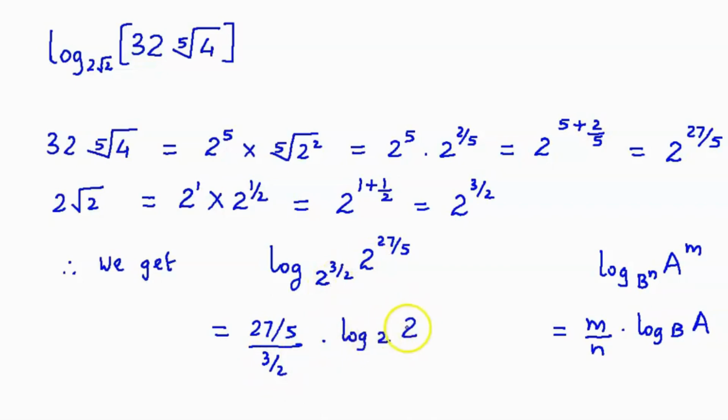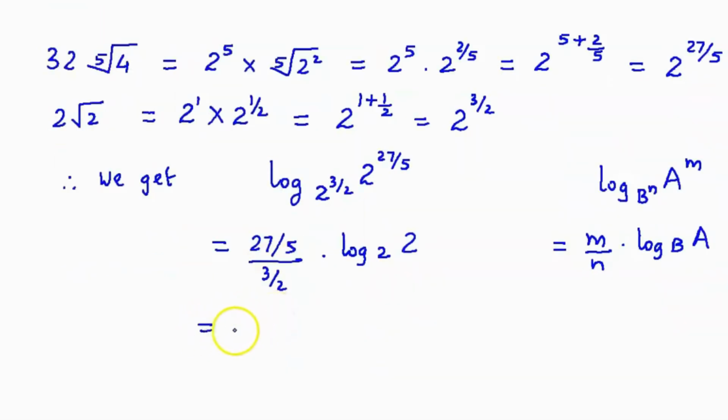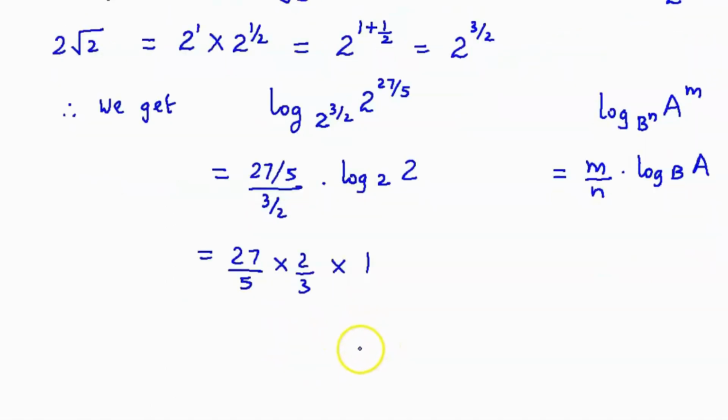But log 2 base 2 is 1 and we take the reciprocal. So this will be 27 upon 5 into 2 by 3 into 1. Let's calculate. 3 ones are 3, 3 nines are 27, 9 twos are 18. So the answer is 18 upon 5. So this is the required value.